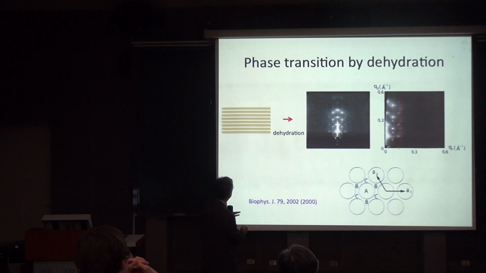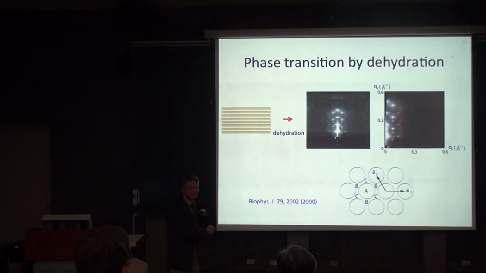Then, if you have the multi-layers and you dehydrate, that means you decrease the distance between membranes. You're going to force all these holes into a hexagonal pattern, and also the neighbor would displace a little bit so that they avoid hole alignment.